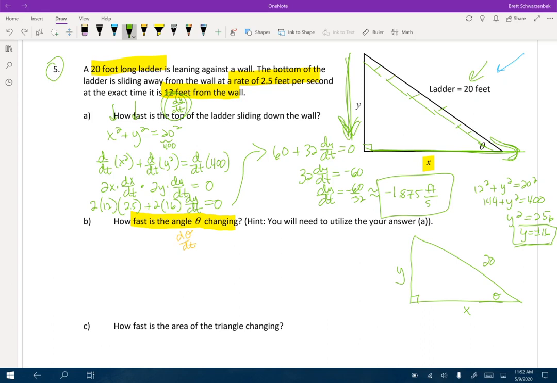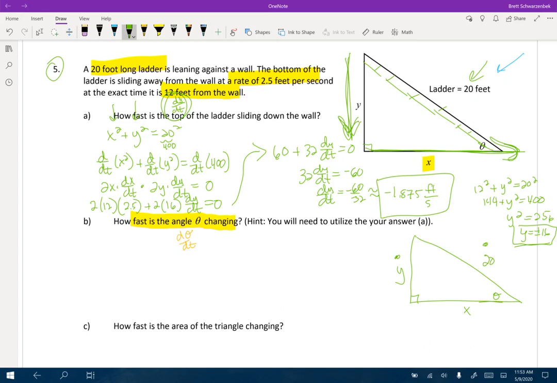So what I did was I basically just utilized variables that were right in front of me. So for example, for this problem I utilized y and 20, right? So what trig function relates theta to y and 20?